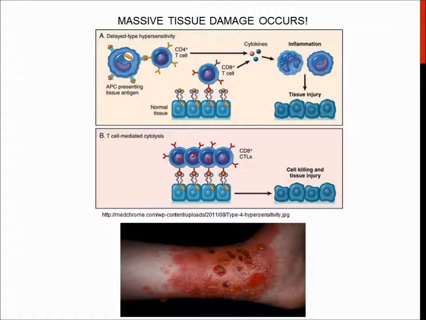What happens, however, is kind of like a cascading effect. As the CD8s kill one of the cells of the skin, they activate more and more cells to come and continue the damage. And as you can see, it spreads rapidly to large parts of the body.